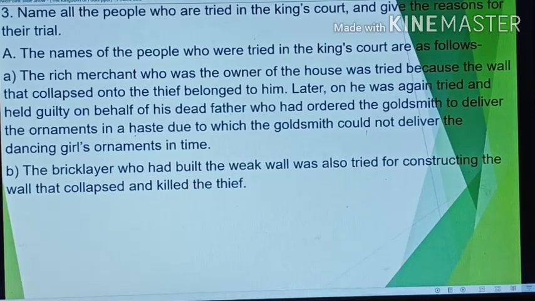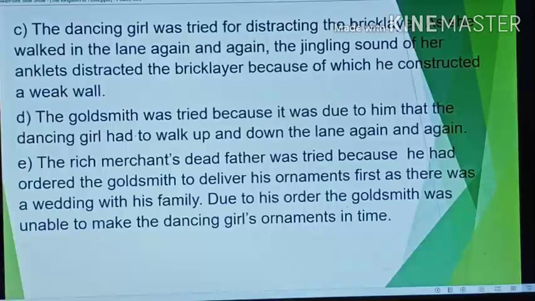Later on, he was again tried and held guilty on behalf of his dead father, who had ordered the goldsmith to deliver the ornaments in a hurry, due to which the goldsmith could not deliver the dancing girl's ornaments in time. B. The bricklayer who had built the weak wall was also tried for constructing the wall that collapsed and killed the thief.